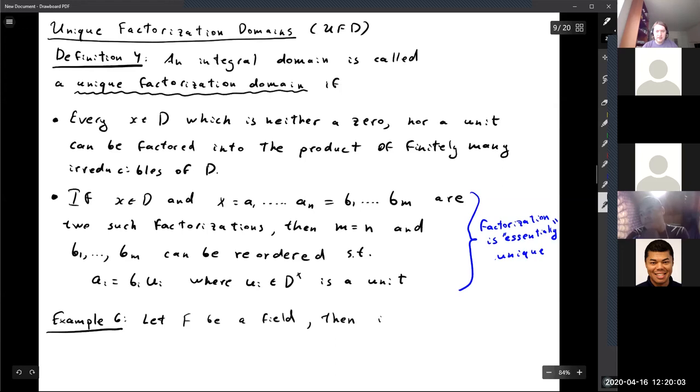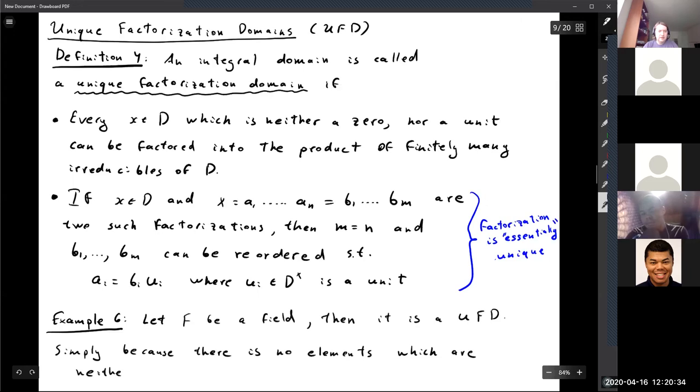Then it is a unique factorization domain simply because there are no elements which are neither 0 nor a unit.